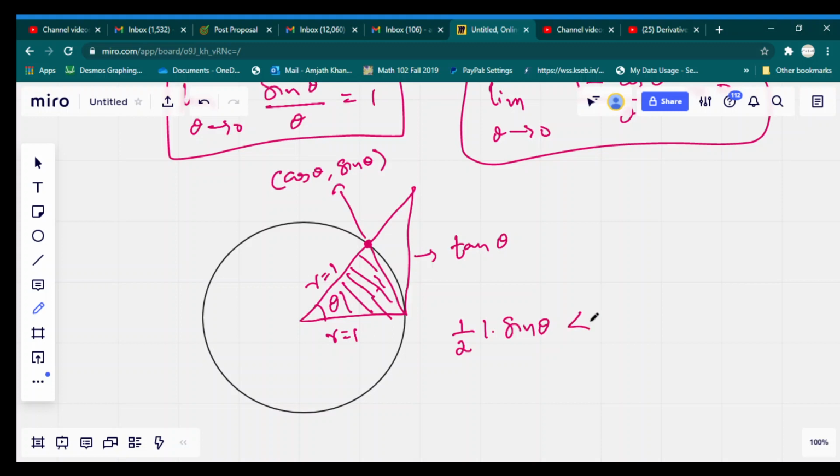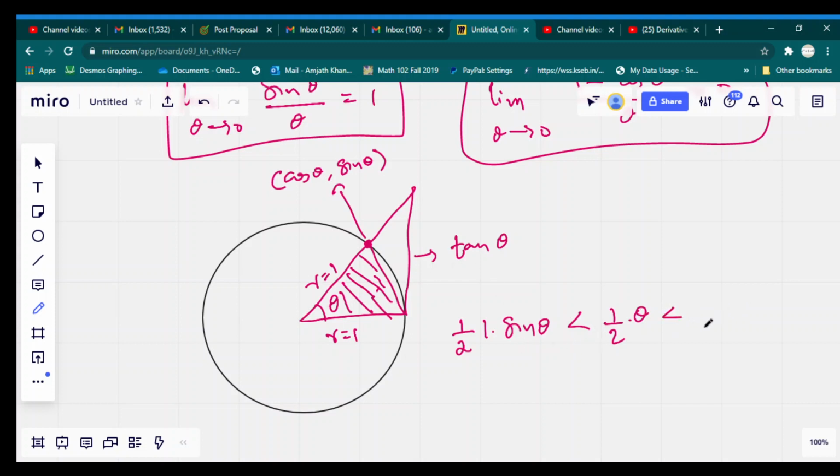This is less than the area of the sector. The area of the sector is one half r squared theta, so one half times 1 squared times theta is theta.